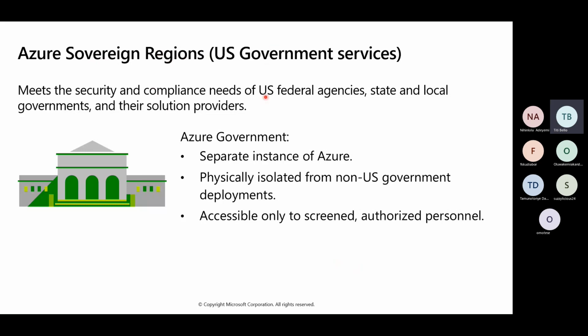So for a sovereign region, for instance, we have the US government services. It means the security and compliance needs of the US federal agencies, states and local governments and their solution providers are met. So that's where we now have Azure Government. Even with Microsoft 365, you have the small business option, the enterprise, the personal, the government, and education.